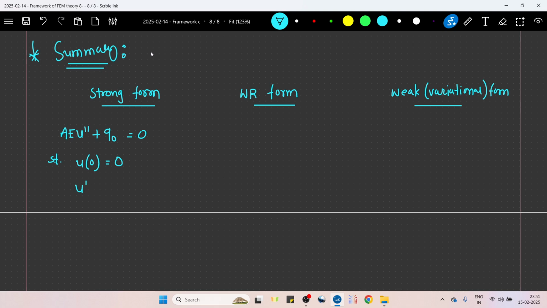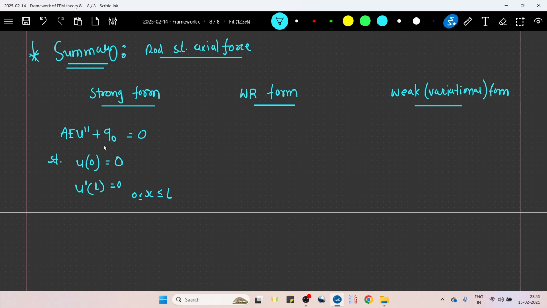We are talking about a rod subjected to axial force. So in this particular example, U dash of L equal to 0, for 0 less than or equal to x less than or equal to L. The weak form is simple.